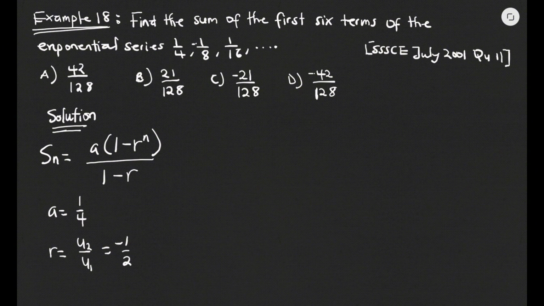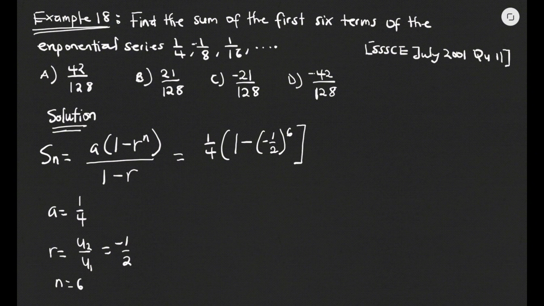We have the formula Sn is equal to our A, which is 1/4, into bracket 1 minus our r, which is -1/2, raised to the power n, and the n in this case is 6, since the question is saying we should find the sum of the first 6 terms. So our n is 6, so we write that here, and then the last bracket.